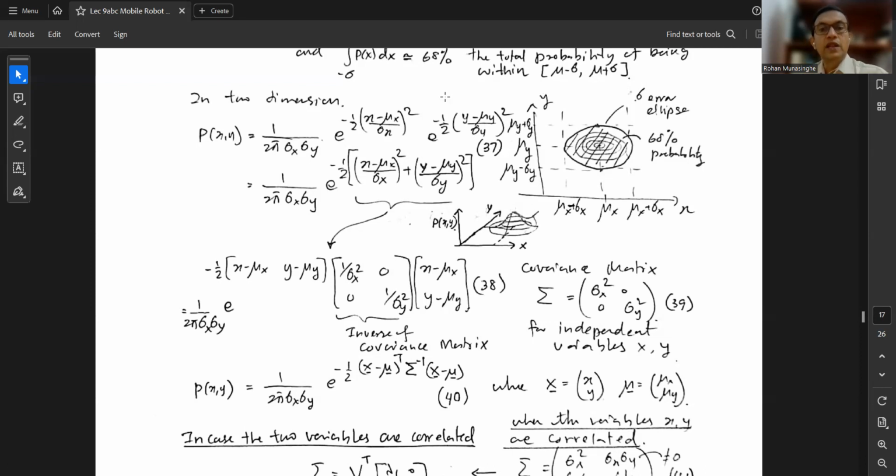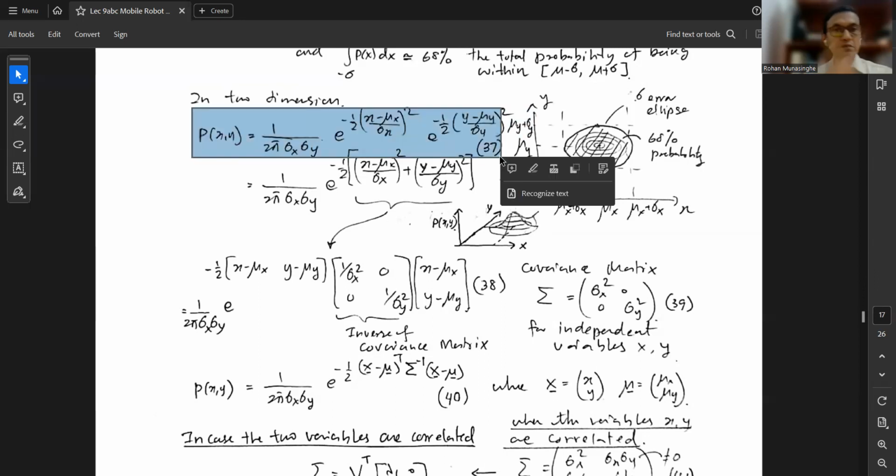In mathematics, when you have 2 or many probability distribution functions in the same system, you multiply them together like this, right? You can see it over here. 2 PDFs. Their normalizing factors multiply upfront: 1 over 2 pi sigma x sigma y, and e to the minus half x minus mu x over sigma x squared, times e to the minus half y minus mu y over sigma y, all things squared.